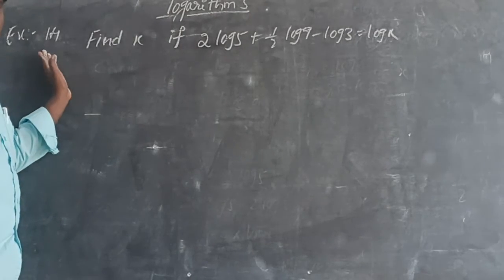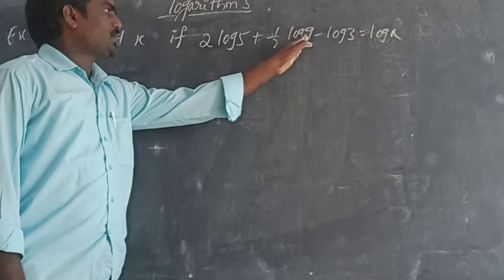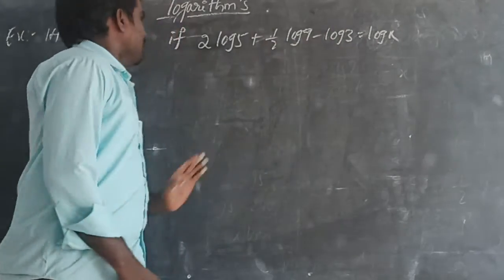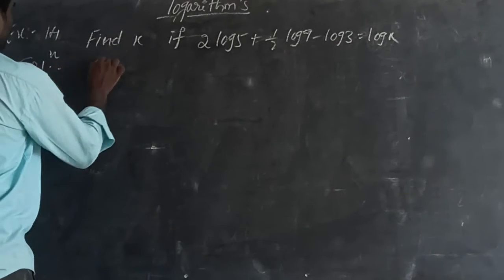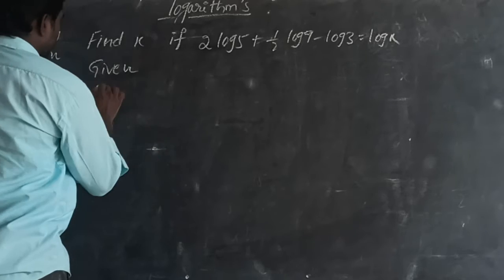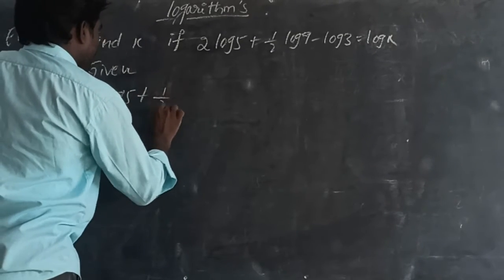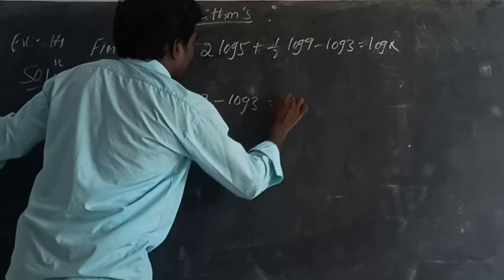Example 14. Find x if 2 log 5 plus 1 by 2 log 9 minus log 3 is equal to log x. So this is given: 2 log 5 plus 1 by 2 log 9 minus log 3 is equal to log x.